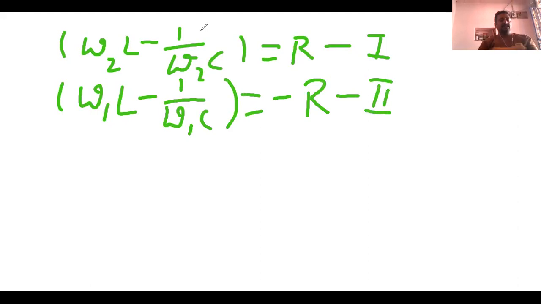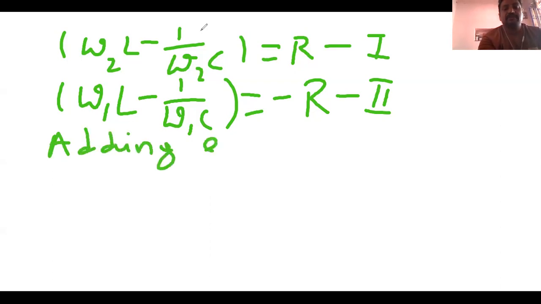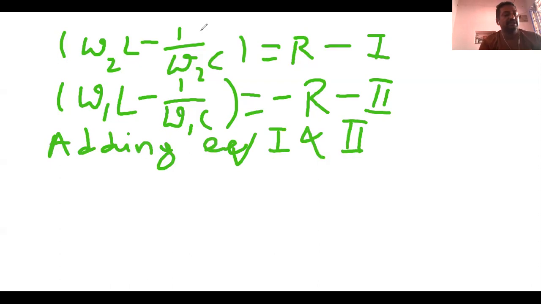One time we add the two equations and another time we subtract the two equations, and we will get some solution. What is that solution? We will see. So adding equations 1 and 2, what happens here?